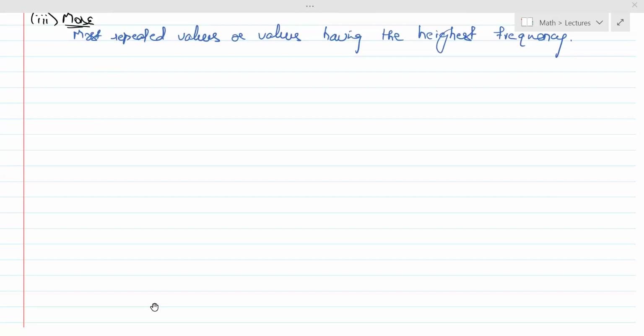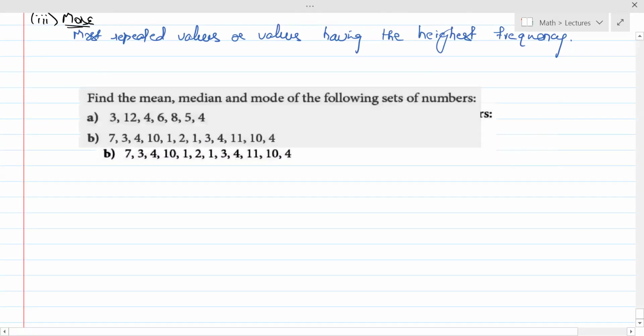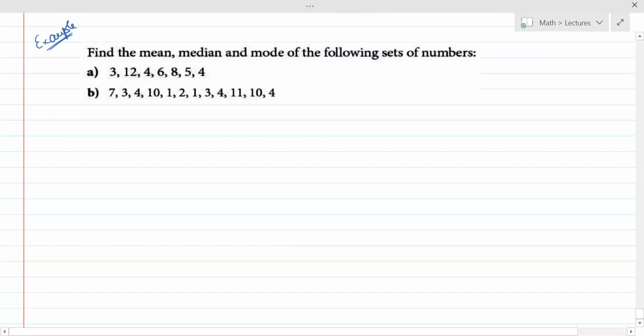Let me pick one example. Now in this example, we have to find mean, median, and mode of the following set of numbers.